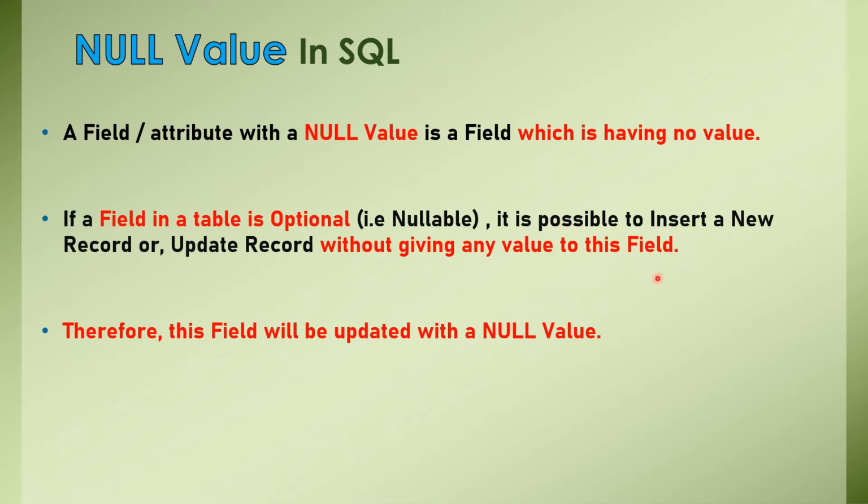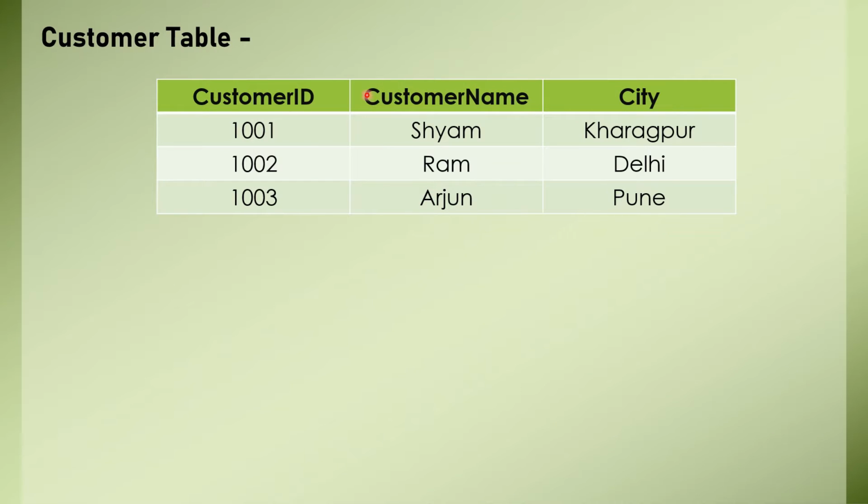Let us understand with one particular example so that this concept becomes clear. Suppose I have a customer table, and we wish to insert a new record, but we don't want to specify the city value. Suppose this city column, this city field, is nullable, so a value is not mandatory inside this column.